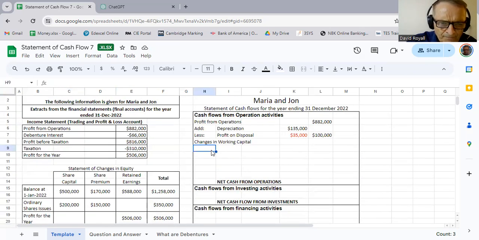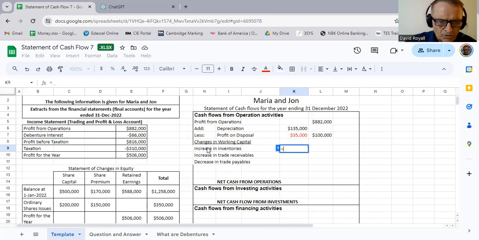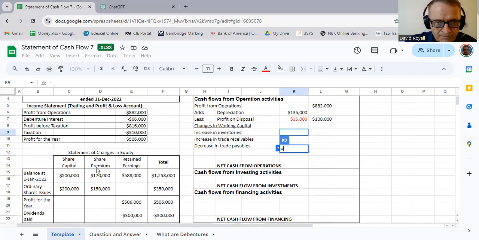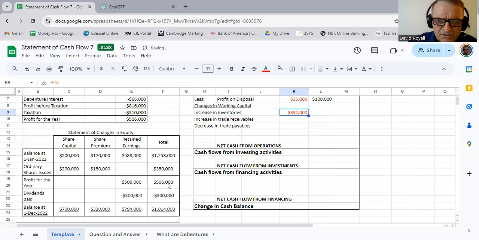Now, if you remember, if you increase the working capital, that effectively causes a drain on our cash. So if we increase the inventories, effectively, we are draining the cash. So this is going to represent a negative figure.